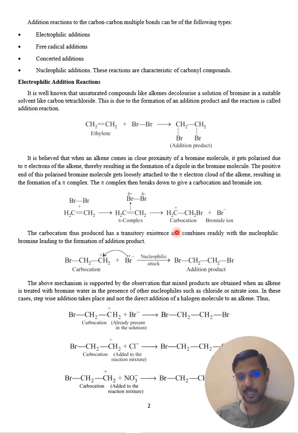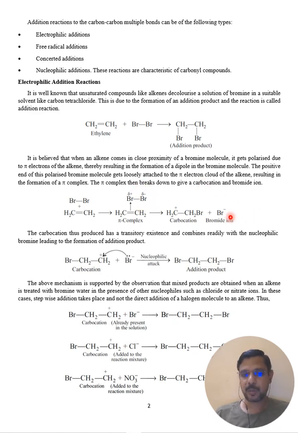That is called a carbocation. When there is a bond formation between the carbon and the bromine, obviously there will be a bond breakage between the bromine atoms. This bond breaks, and the bond pair of electrons of the bromine molecule will be taken on one bromine, so that a bromide ion is generated.